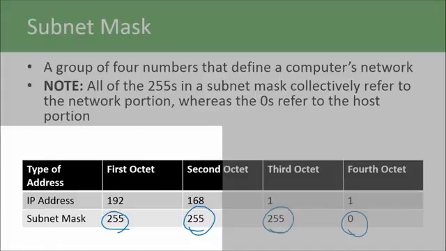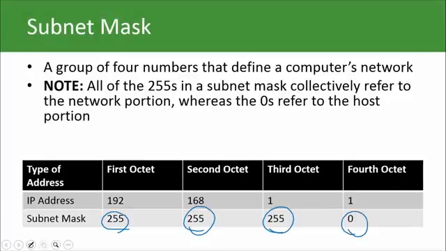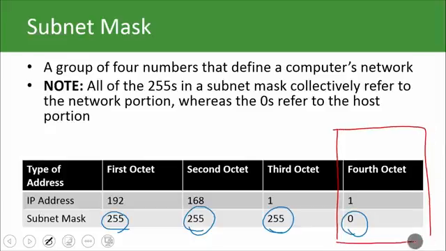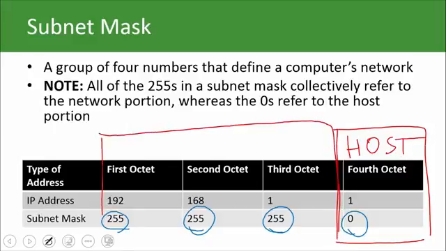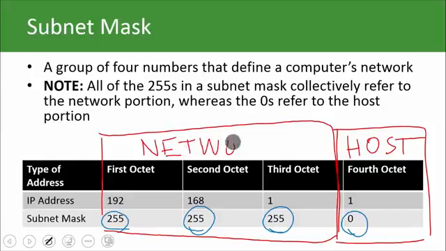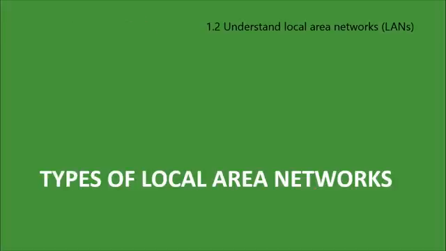So if I change my pen color here, this 4th octet is the host portion, right? So that's like our street address. In contrast, everything that is represented by a 255 is going to be our network portion. This is really important for us to keep in mind as we're learning this. We'll revisit it throughout this course.